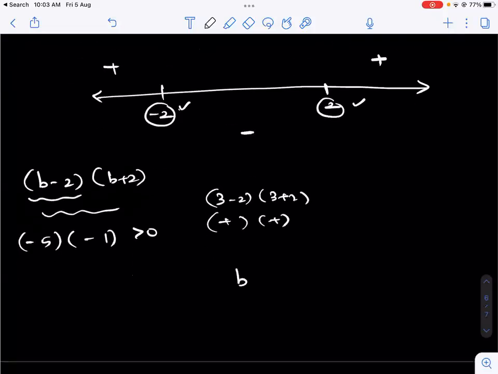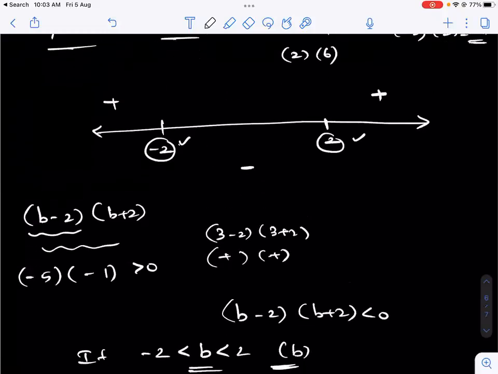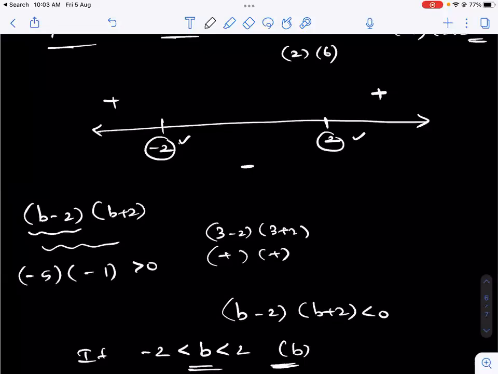So the answer is that (b minus 2) into (b plus 2) will be less than 0 if you substitute any value of b greater than minus 2 and less than plus 2. So what is the option? That is the right answer. Is that clear? You learn about inequalities next year, but it is better you know this.